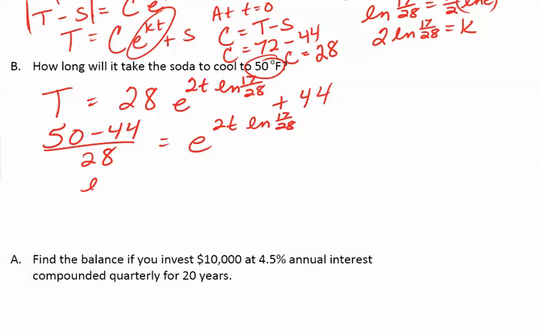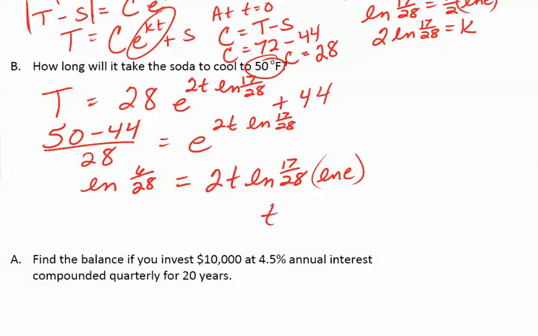And then we could take the natural log of both sides. I'll just leave it as 6 over 28 so you remember where it came from. And on this side, that would bring our exponent down in front, and our ln of e is just going to become the 1 over on this side.